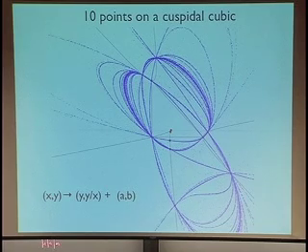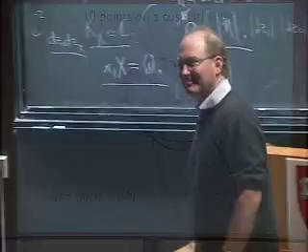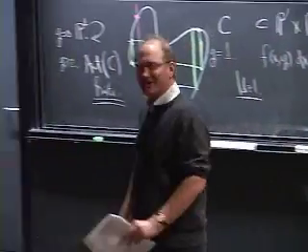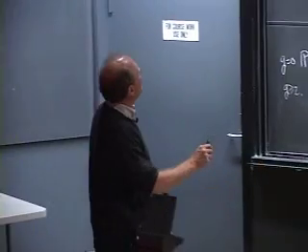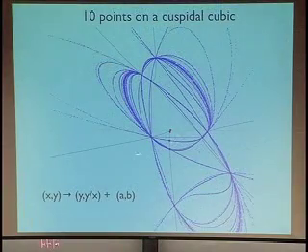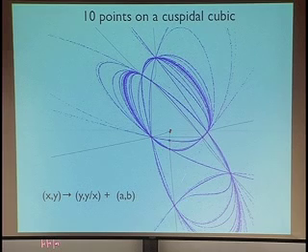There's a 9-dimensional space of cubic curves, so they shouldn't, but they did. But I was even more astonished when I drew that cubic curve and found out that it was a cuspidal cubic, which is what's drawn here. So in fact, this automorphism is obtained by blowing up 10 specially chosen points on a cuspidal cubic. And by the way, it covers a birational automorphism, which is only a mild modification of the formula I gave you before. You just put a plus a b here after this birational map.